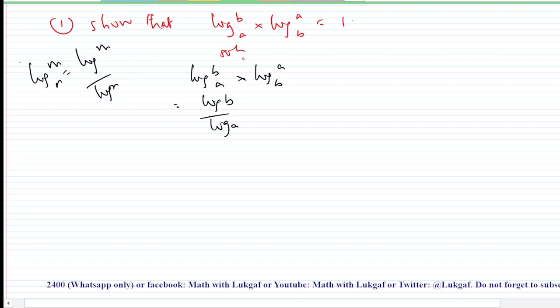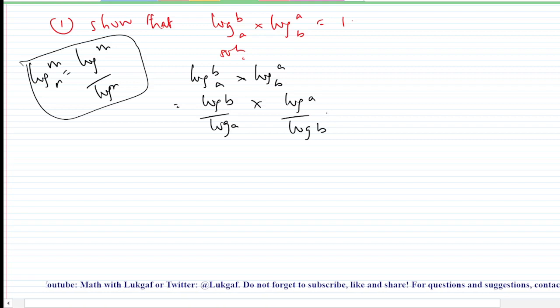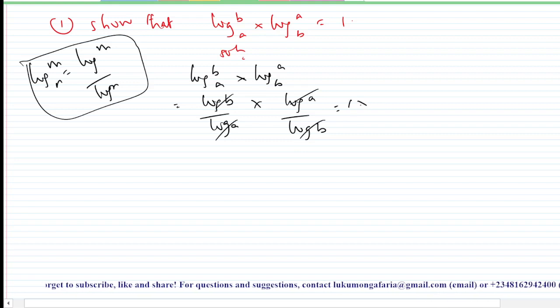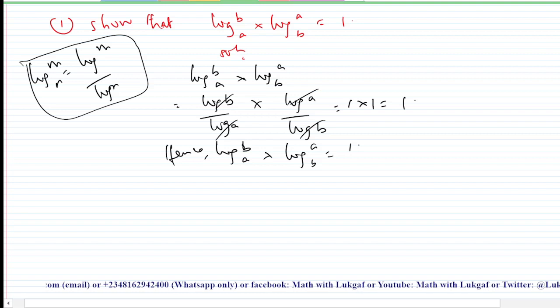Then multiplied by this, you can also have log a divided by log b. So what do you observe? This will cancel this, and this will cancel this. Then you have 1 times 1, which is equal to 1. Hence log b base a multiplied by log a base b is equal to 1.